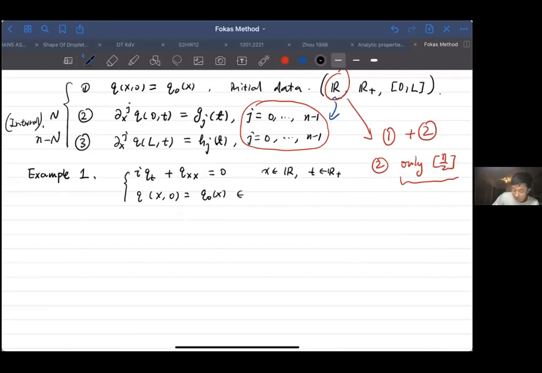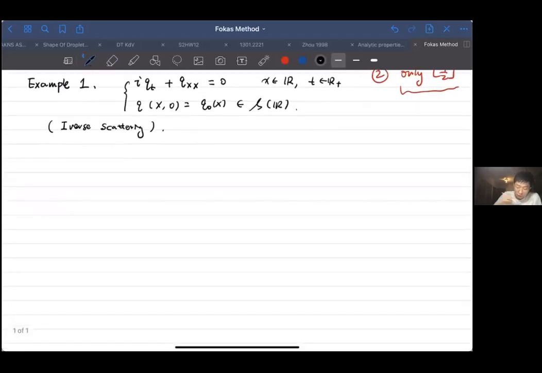This example is for the purpose of a review of inverse scattering, so we will solve this equation by the method of inverse scattering.